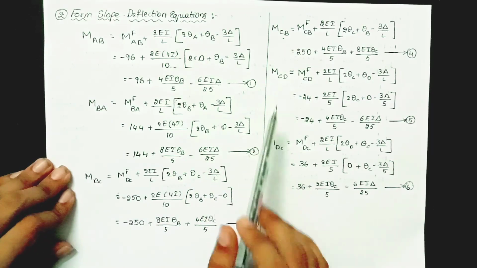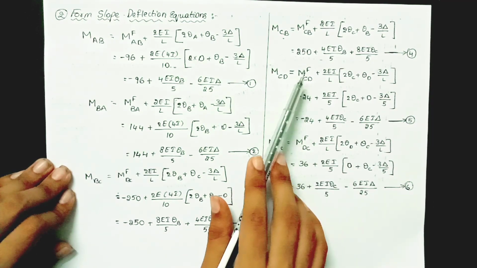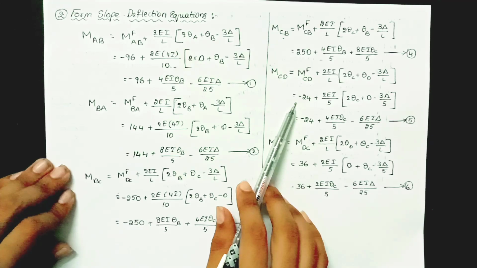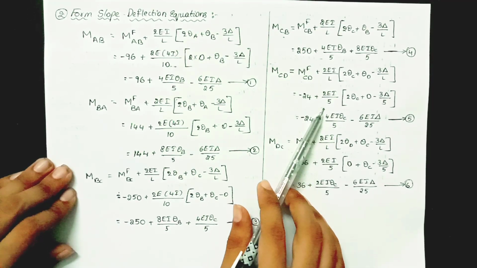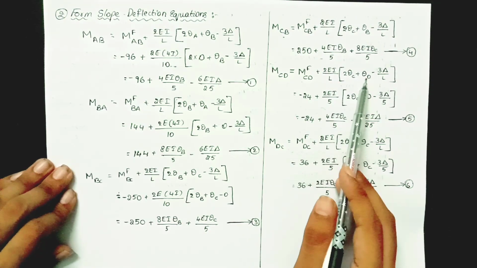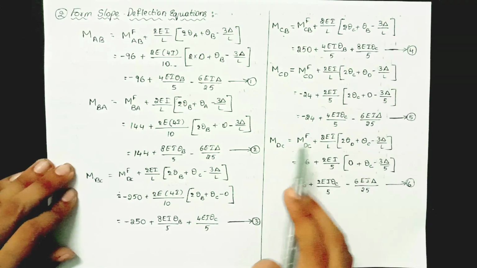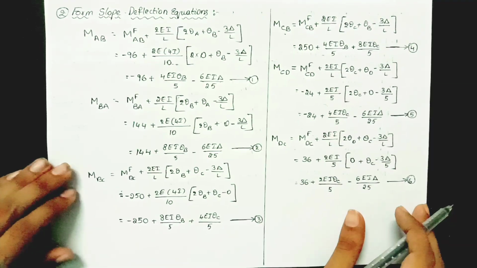And similarly for CD and DC, I have substituted the fixed end moments obtained from the first step, the moment of inertia and lengths from the given frame, and here theta D has a fixed support, therefore the slope equals 0. So I have obtained 6 equations.